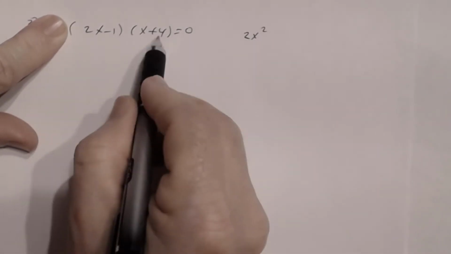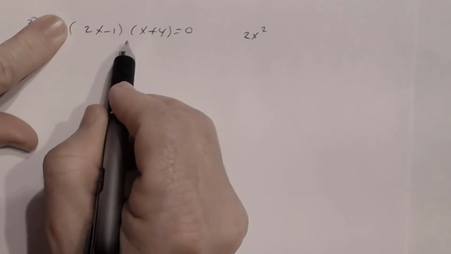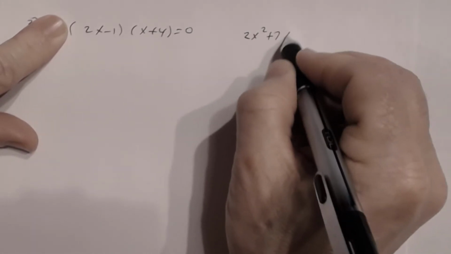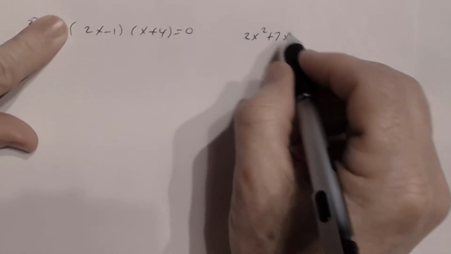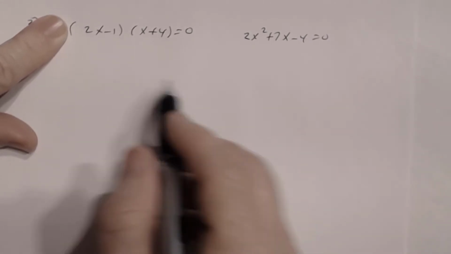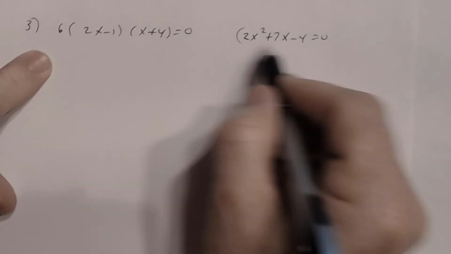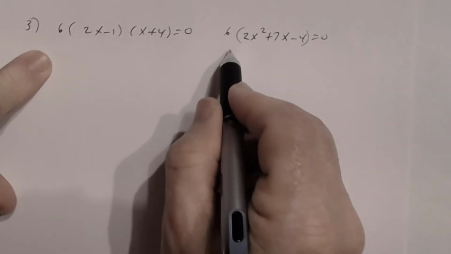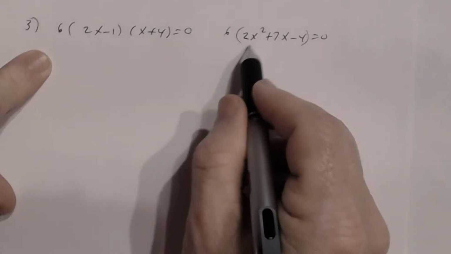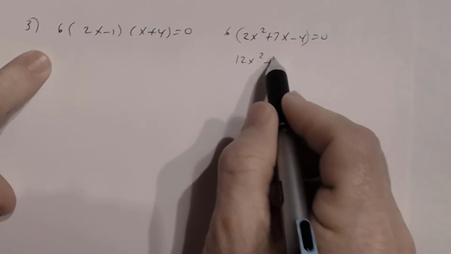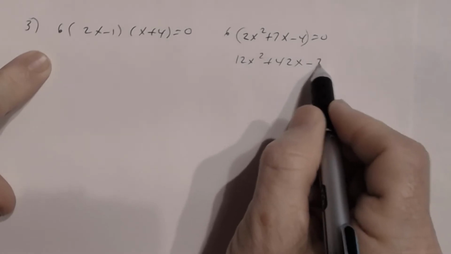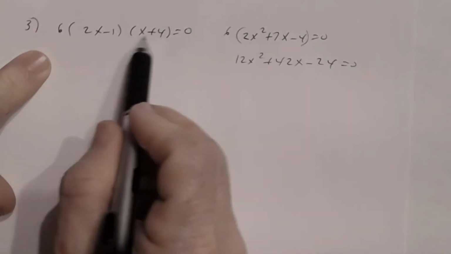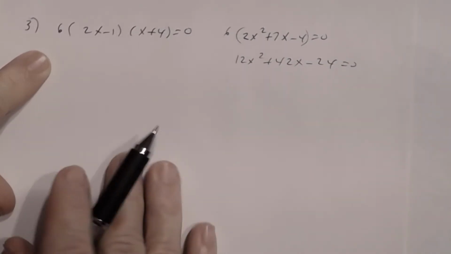The outer is 8x, the inner is -1x, so I get positive 7x, and then -1 times 4 is -4, equal to 0. But remember, you multiply it by 6. If I distribute the 6, I get 12x squared plus 42x minus 24 equals 0.